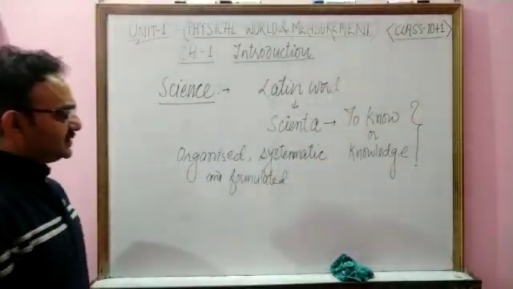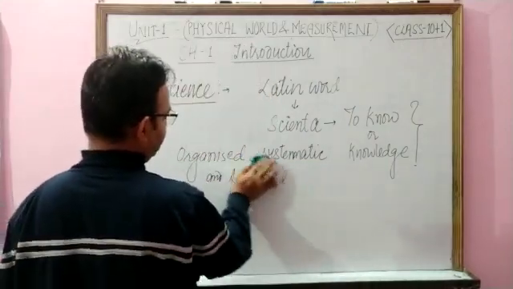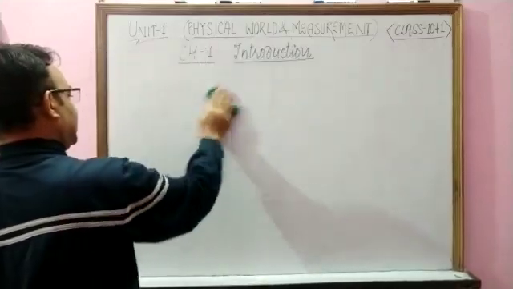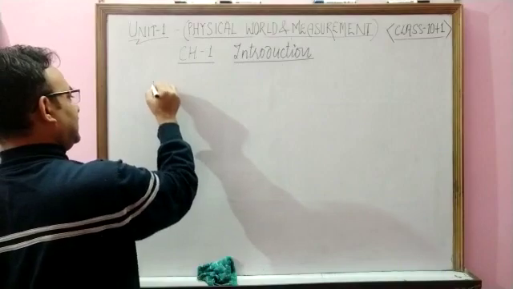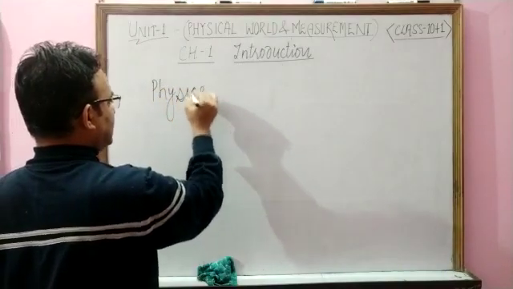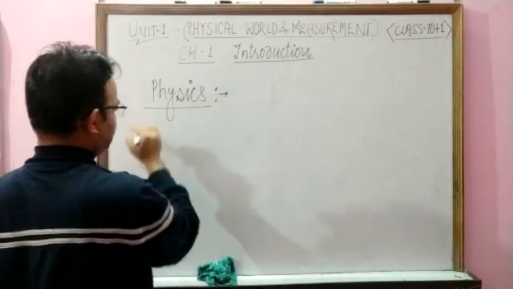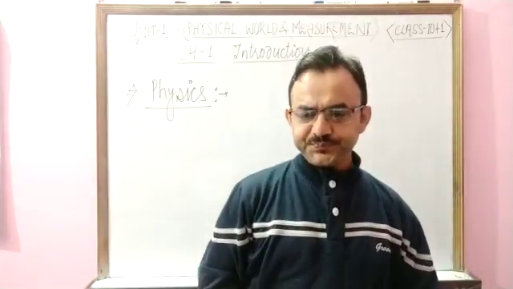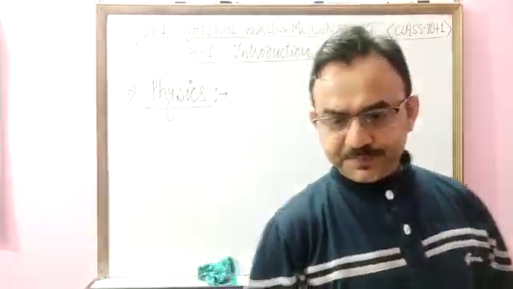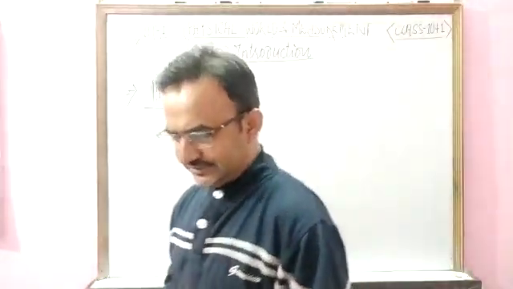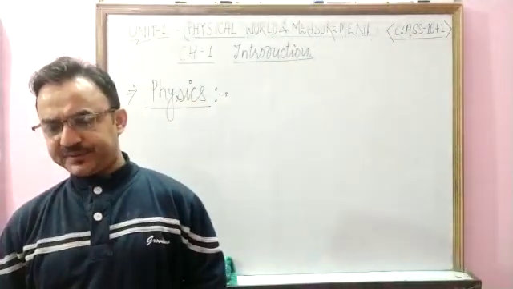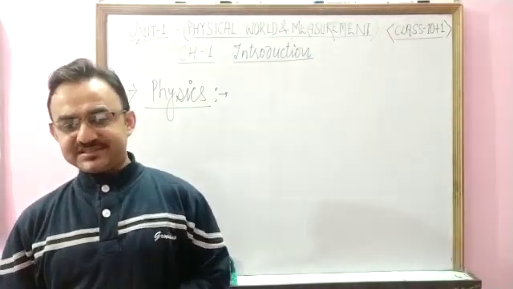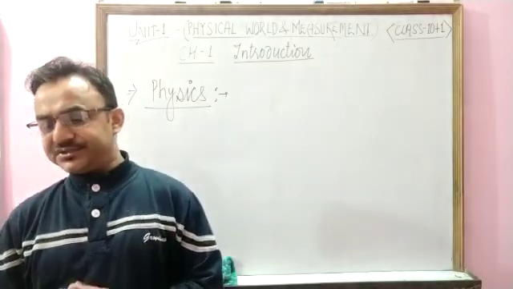Okay, now here physics, because physics is also a branch of science. What do you mean by the term physics, or how will you define physics? Right now, physics is that branch of science which deals with nature and its natural phenomena.